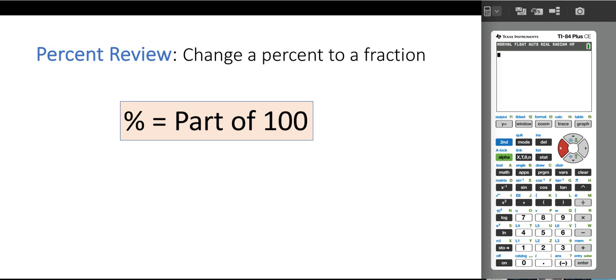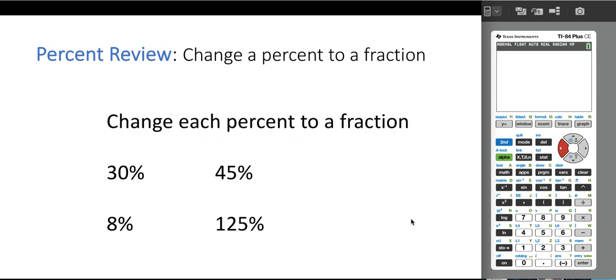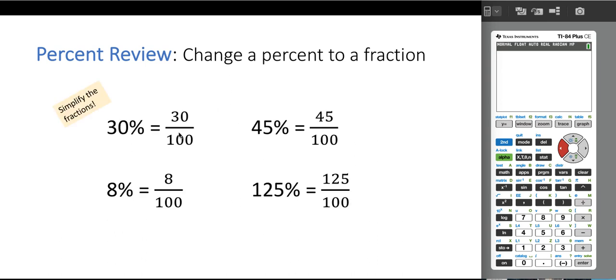So first of all, remember that word percent actually means part of 100. So that's the idea behind how you change a percent to a fraction. Just a quick review, look at these 4 examples and let's change each one of these percents to a fraction. Remember, when you're changing them to a fraction, you're writing the number over 100.